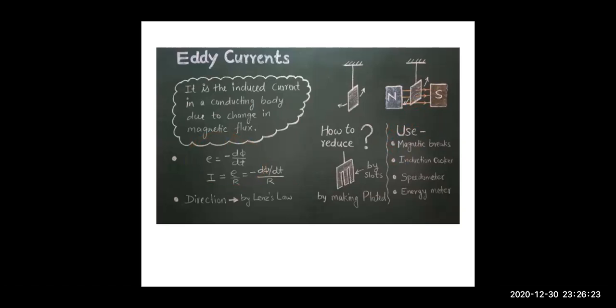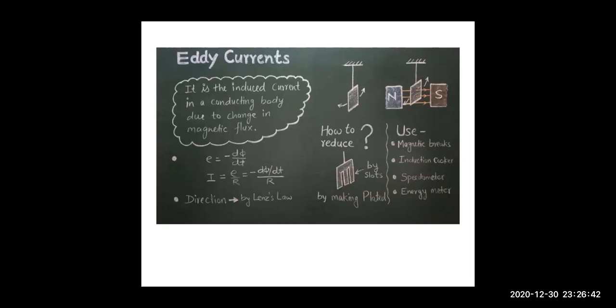Now let's talk about the loss, that what are the losses due to the eddy current. So children, the first and the foremost loss is that eddy current produces unnecessary retardation.